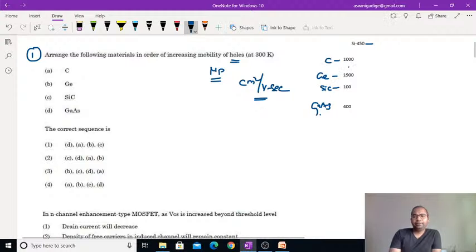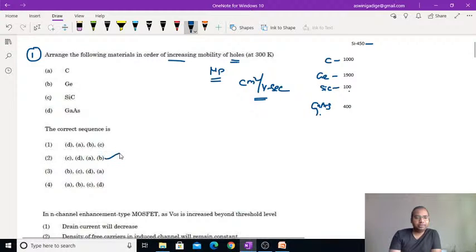So remember the units also for the different parameters. These are the values, guys. As per the given materials here, carbon, germanium, silicon carbide, and gallium arsenide, we have to keep them in increasing order of mobility. The least one is the gallium arsenide. Sorry, the least one is the silicon carbide, so C is the starting one.